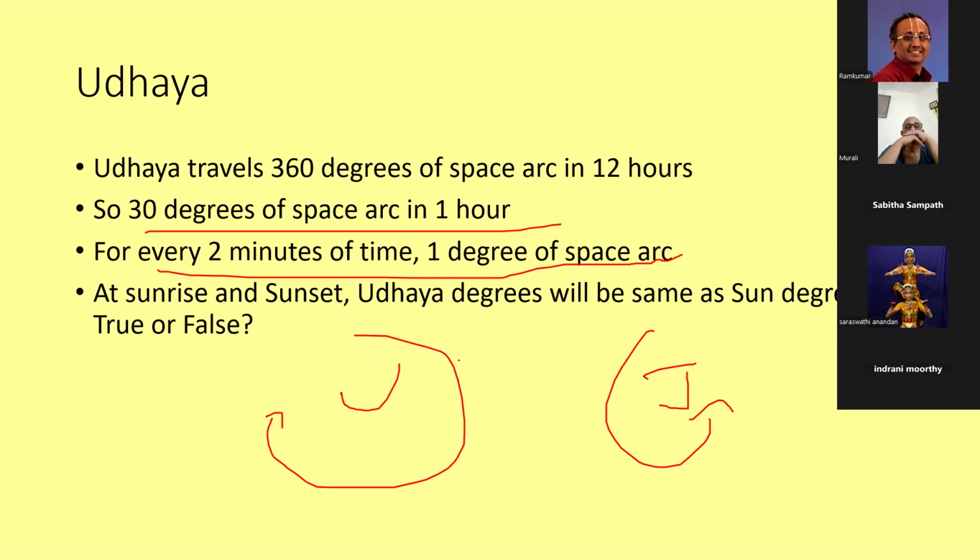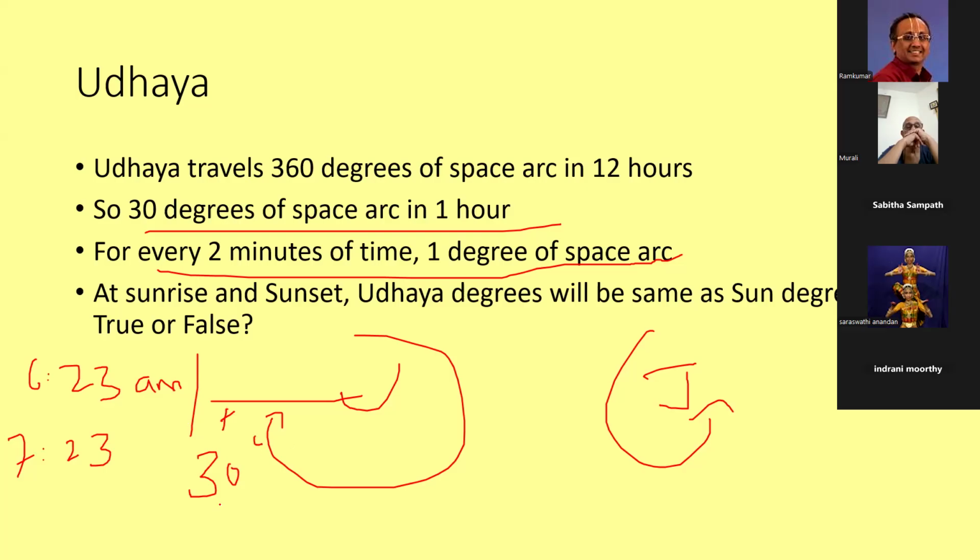I'm assuming sunrise to be around 6 a.m. Let's say it is 6:23 a.m. 6:23 a.m. was sunrise, right? Then Udaya will be at the same degree as Sun. Then at 7:23, Udaya will be that plus another 30 degrees.